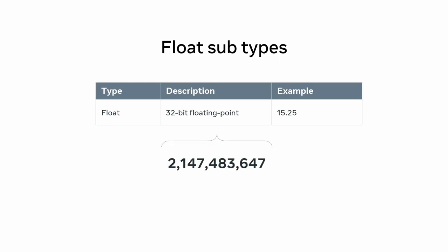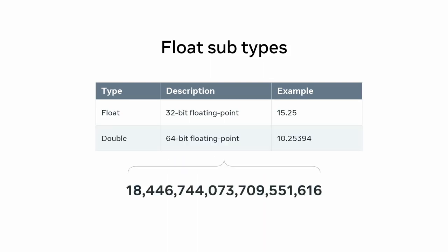For example, 2,147,483,647. That's a lot. But wait, a double is also used to store a floating point number. This type has 64 bits allocated to it. That means it can store a very large number. For example, numbers in the quintillion and quadrillion magnitude can use a double.